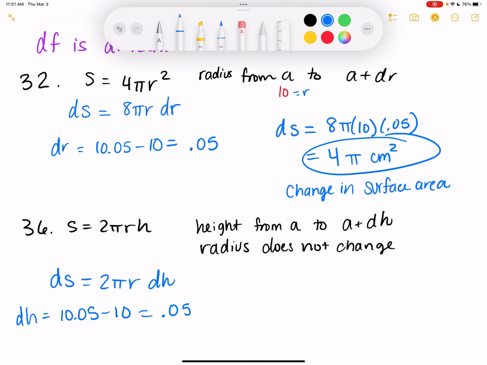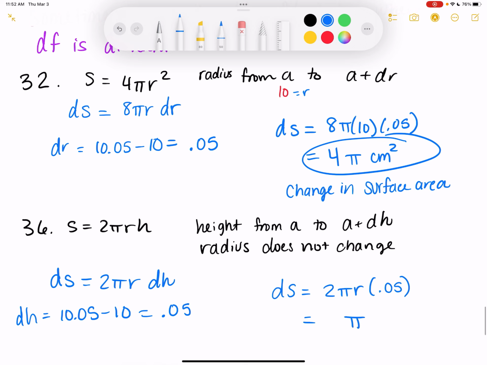So then I can plug stuff in. ds is equal to 2 pi times r, they didn't give us a value for r, they're just saying it doesn't change, and then times 0.05. And again, you can leave your answer in terms of pi.